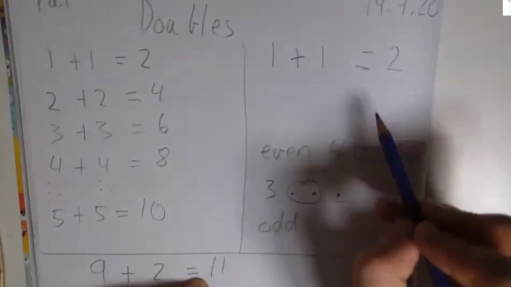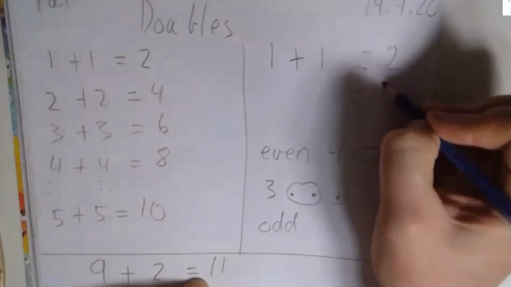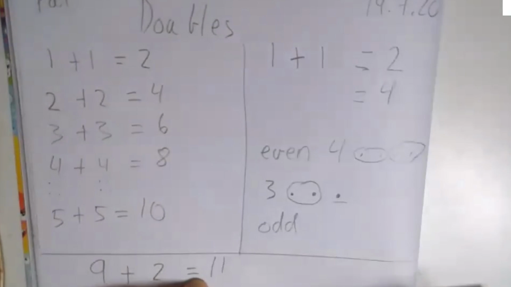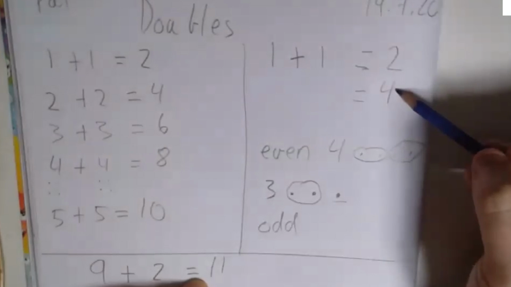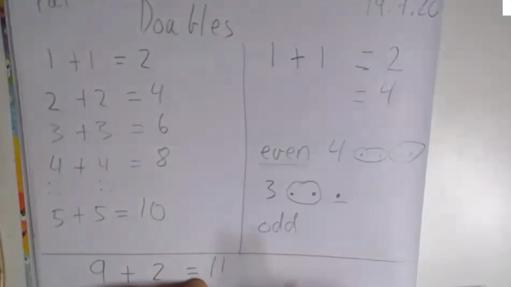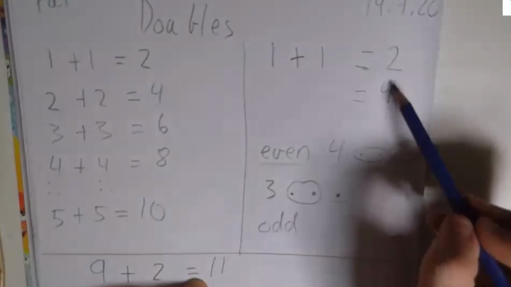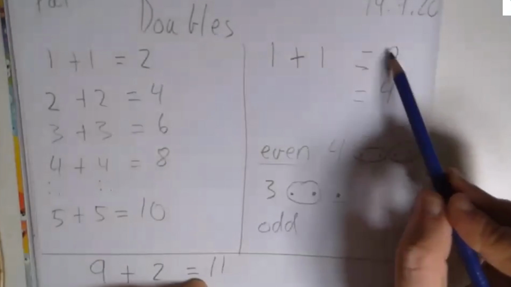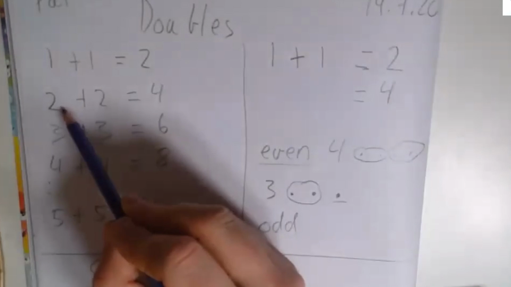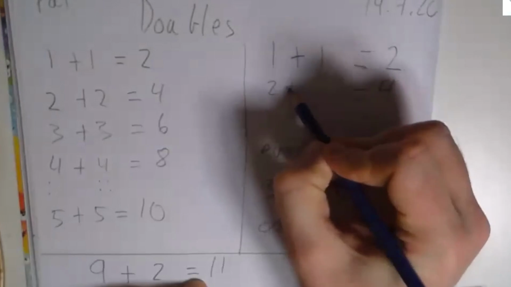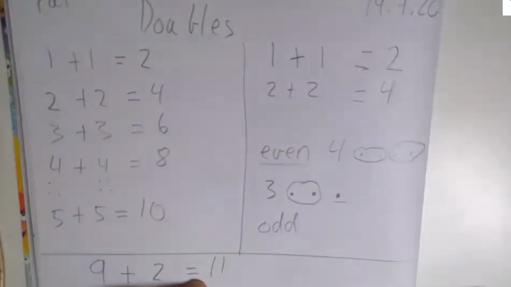So when you're working backwards, let's say you have an answer of 4, make sure that your answers are all even and there's no leftover people without partners. That's the easiest way to remember it. So 4, let's have a look. What do we need to double to get to 4? 2. So 2 plus 2 is 4.